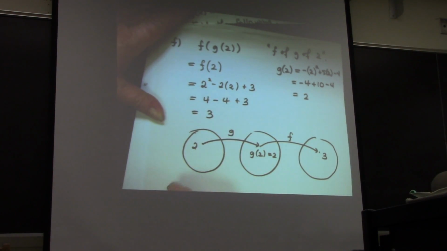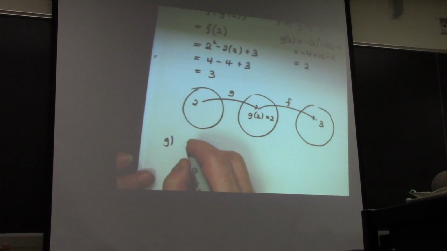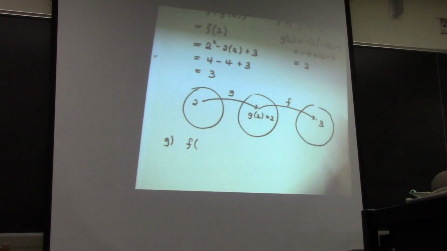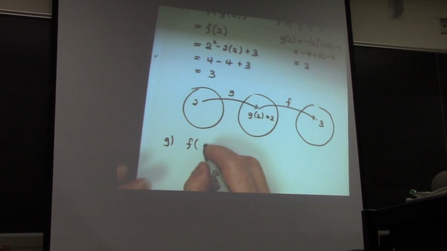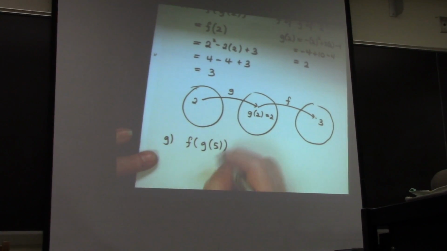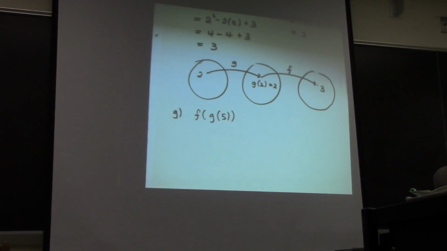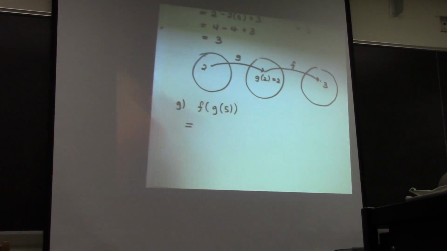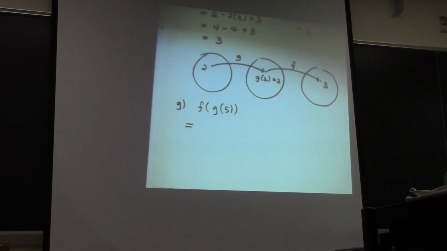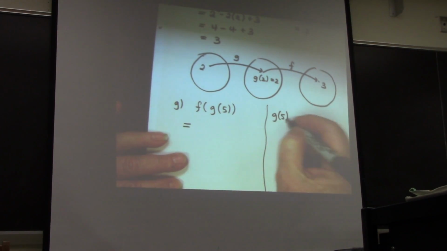Okay, let's do another one that hopefully gives me something, not g of 2 equal to 2. How about f of g of, sure, 5, can't possibly come out to be 5, can it? F of g of 5. Okay, so what would I need to do first? Okay, so I gotta find g of 5.